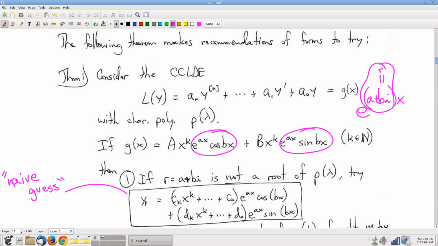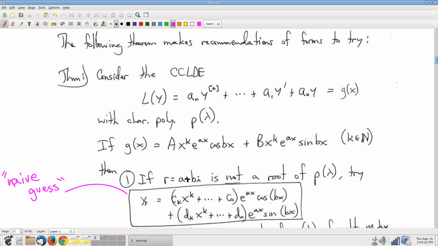So there's a motivation to connect this a and this b to the real and imaginary portion of the r that we're actually interested in. There are details to be worked out there, but that's the rough intuition. So that's what this r is.